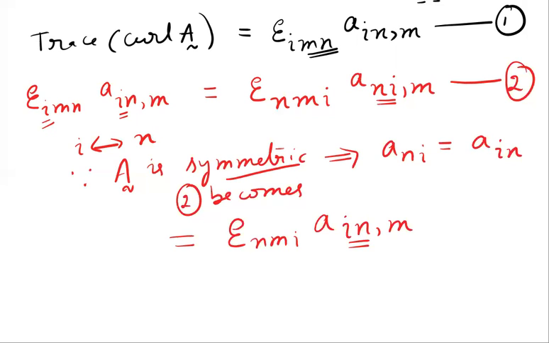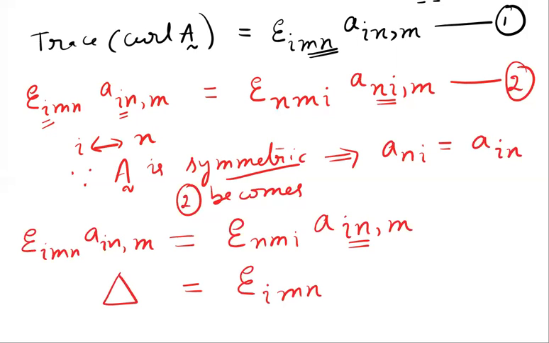So what is our LHS in equation 2? Let me rewrite that: epsilon_imn A_in,m. Now this is equal to epsilon_nmi A_in,m. We changed the suffix like this. The only thing is I will check whether the sign changes or not. To check that, let me take nmi.